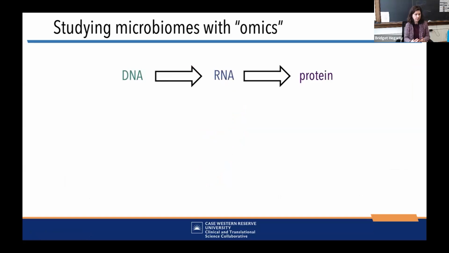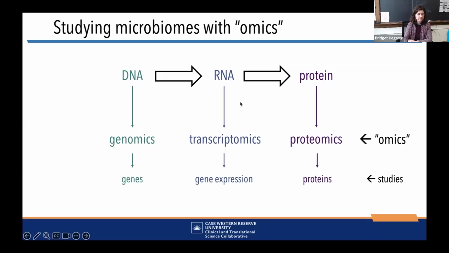And if we're trying to study microbiomes, increasingly we rely on these omics techniques. Thinking back to basic biology, or the central dogma, all life has DNA, which is transcribed to RNA, and then proteins are what actually do things in the cells. And we have different methods to study each of these.